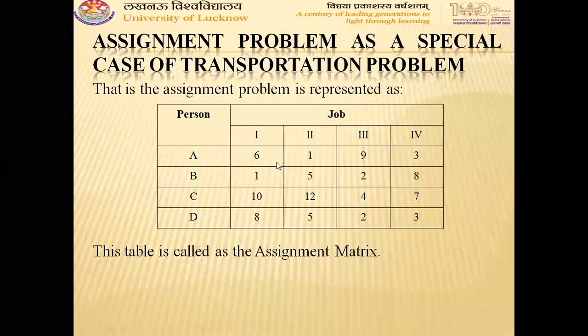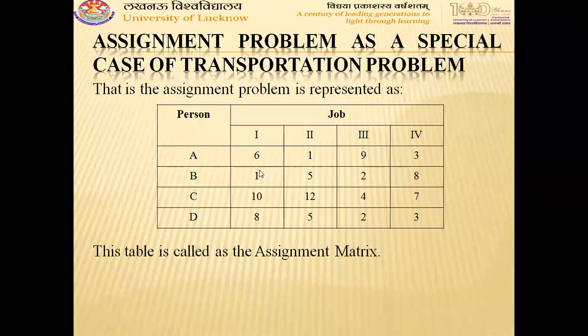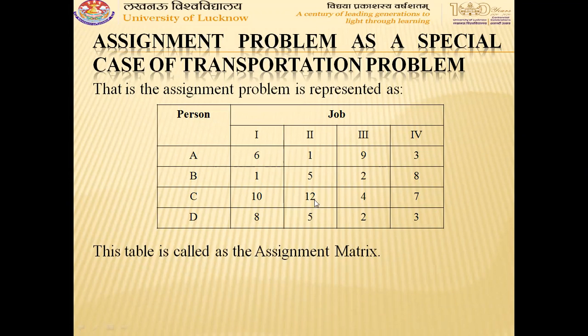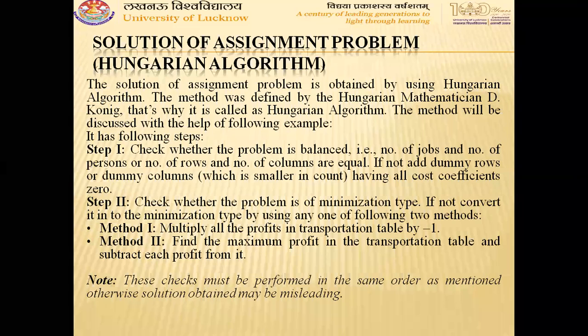That is, here we place 12 minus 6, which is 6. Here 12 minus 1, that will become 11. Here 12 minus 9, which would become 3. Here 12 minus 3, which would become 9. Similarly 1, 5, 2, 8, and so on up to the last unit. And in the place of 12, it will become 0. So by using this method, we can also convert the given problem into the minimization type.